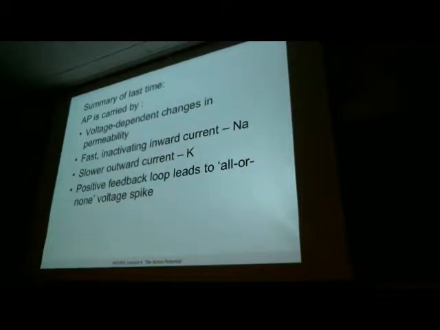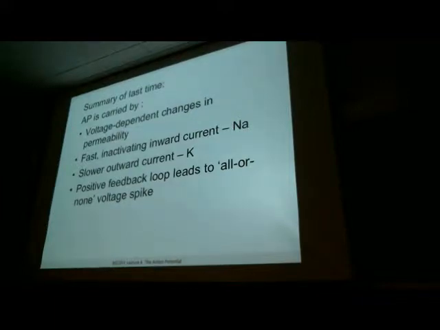We learned this is based on a fast inactivating inward current and a slower outward current. So the depolarization is because of that inward current, and then the outward current is important for the repolarization of the membrane.